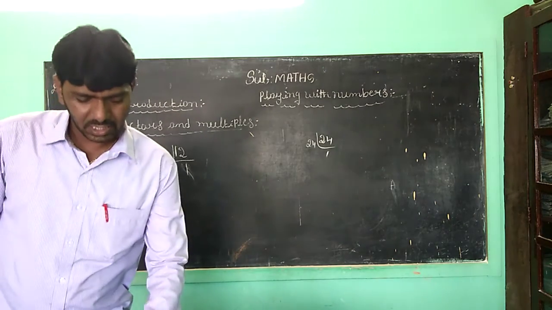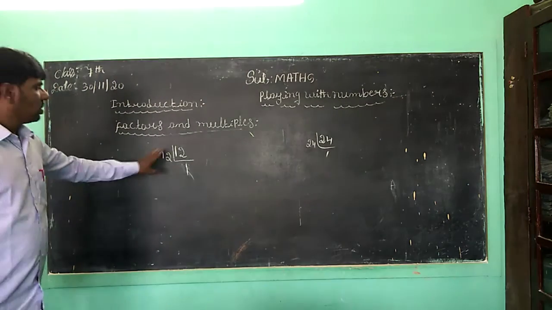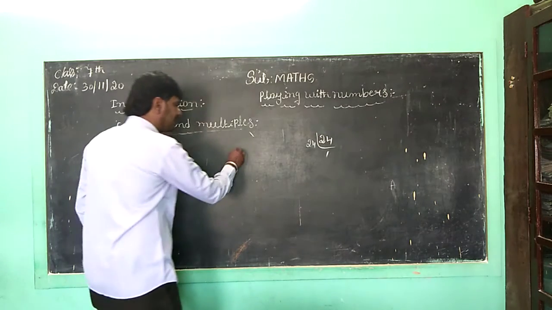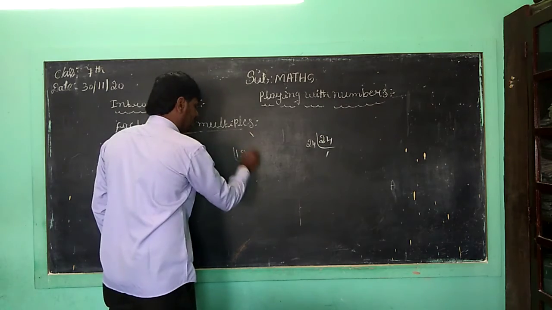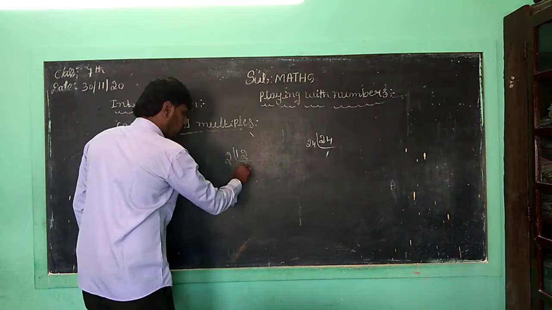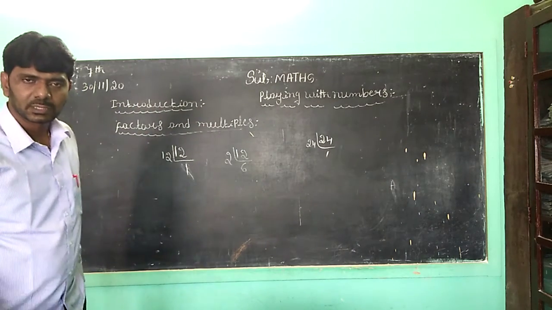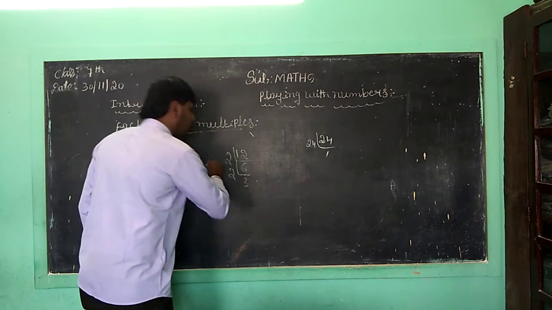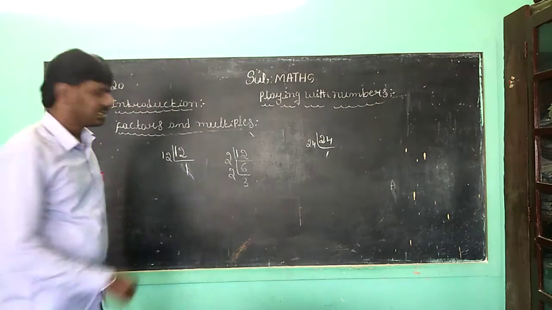So children, if we take 12, 1 times 12 is 12. It is a factor of itself. So how many factors are there? 12. First we discuss that. 2 times 6 is 12. Correct. And 2 times 3 is 6.